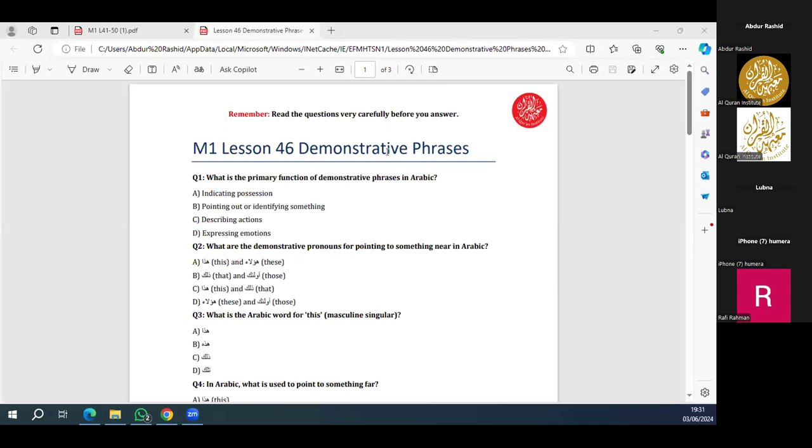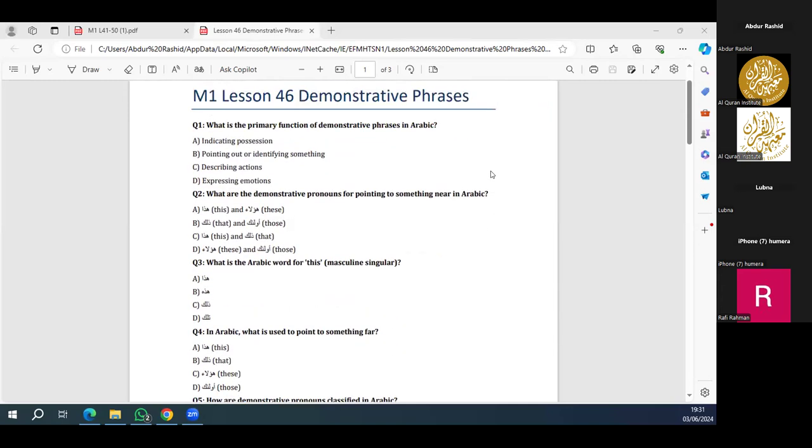Can you see my screen? Can everyone see my screen? Yeah, I can see your screen. Okay. If you're ready, carry on. You can start. You can ask the question. Brother Zakir is here. Okay. You start, Brother Rashid.